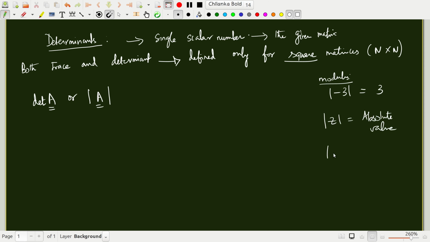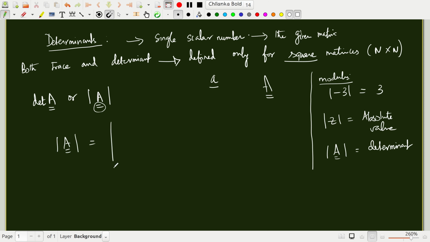In linear algebra, we use the same symbol to represent determinant. So you have to be careful while understanding this notation. In my notation, a vector has a single underscore and a matrix will have a double underscore. So determinant of A is represented as, let's take a 3 by 3 matrix.